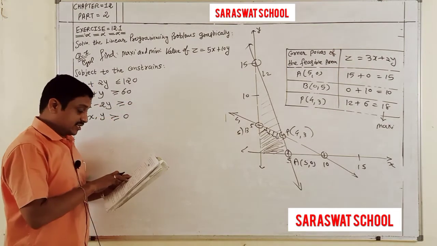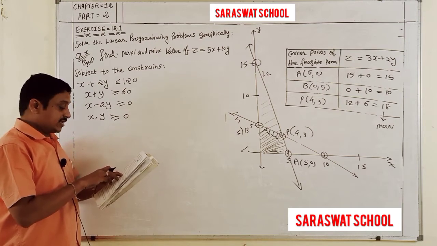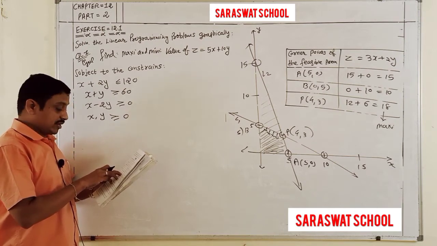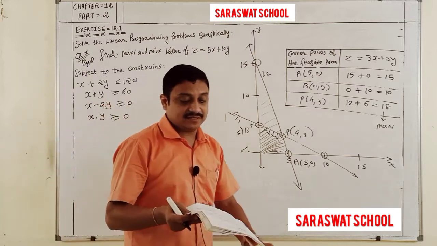One more time, check: x + 2y ≤ 120, x + y ≥ 60, x − 2y ≥ 0, and the objective is 5x + 10y.